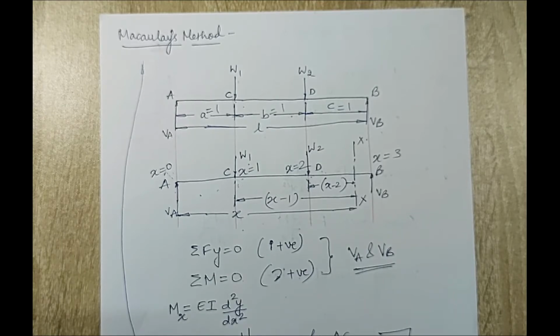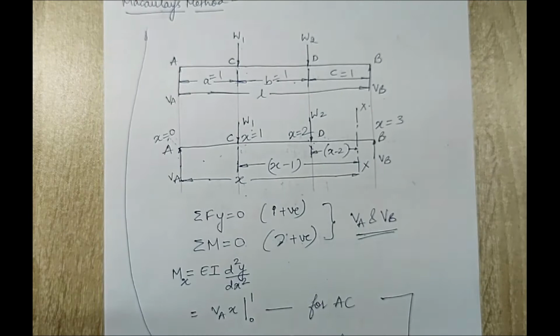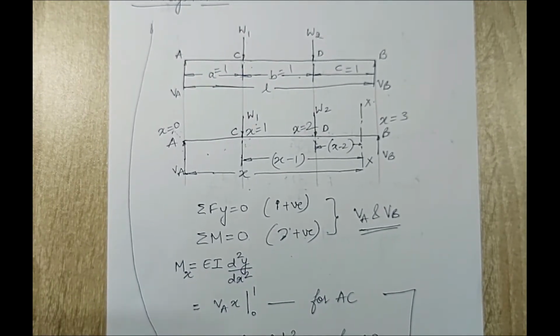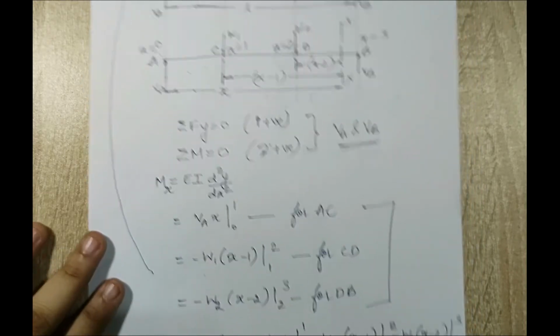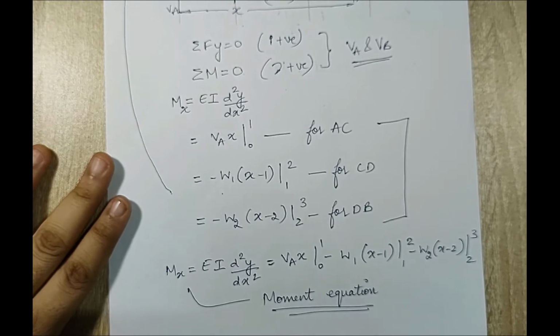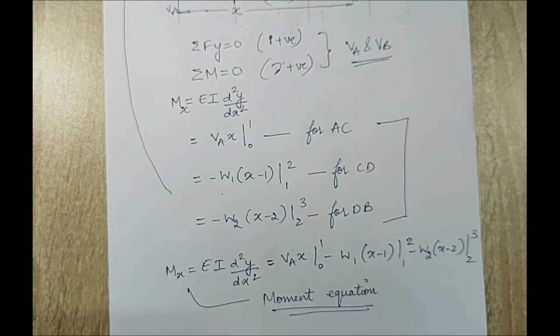As I have told you in the previous lecture, there are two more methods which you can use, the double integration method and the superposition method. In those two methods, this kind of division of beam is not done. So this is very specific to Macaulay's method. Now, once I obtain the moment equation, I am going to integrate this equation to find the slope equation, and integrating again, I will get the deflection equation.